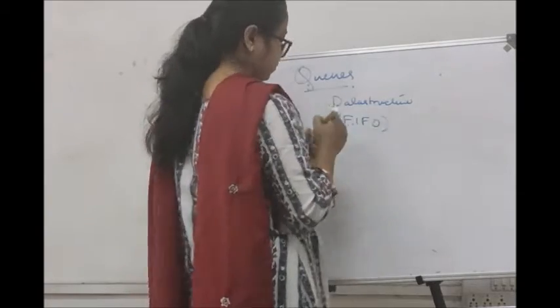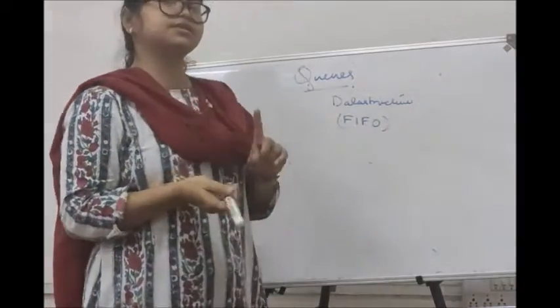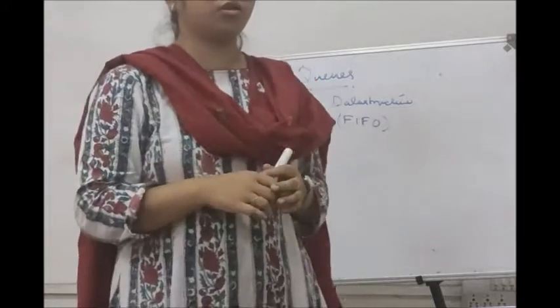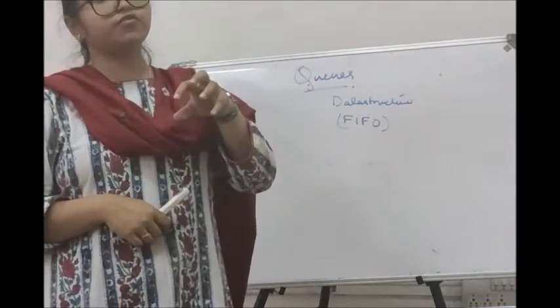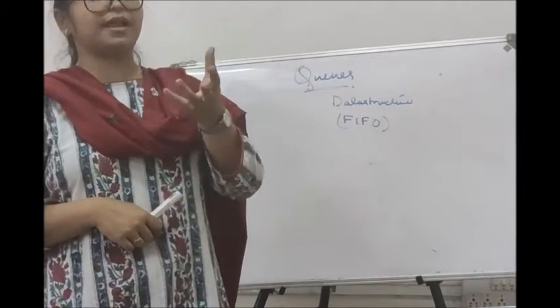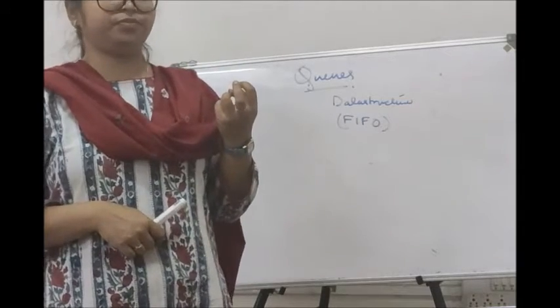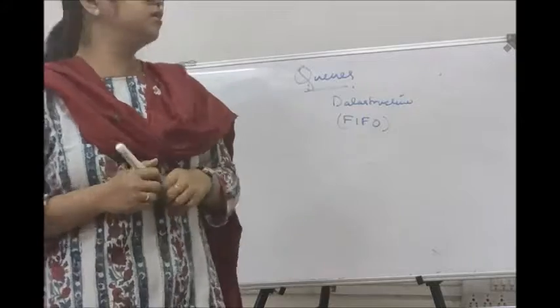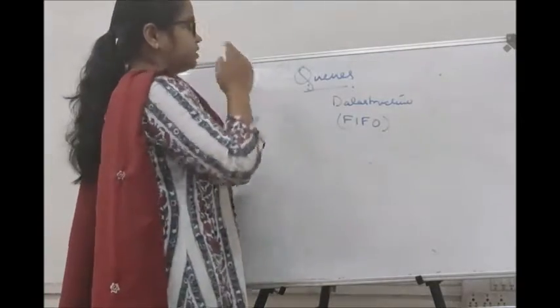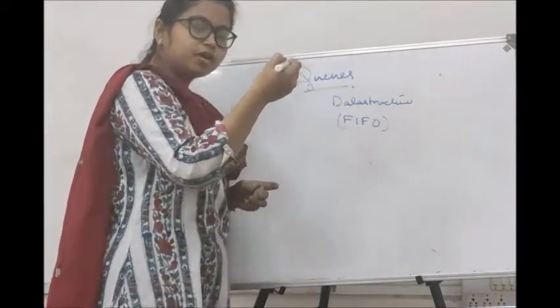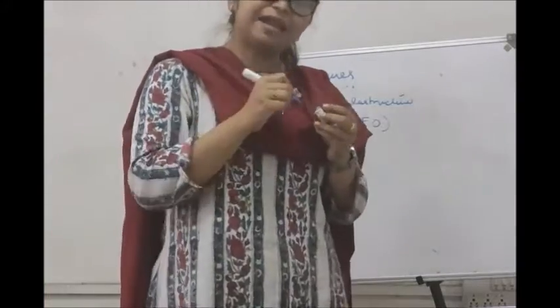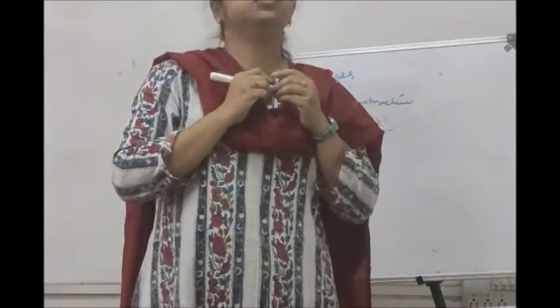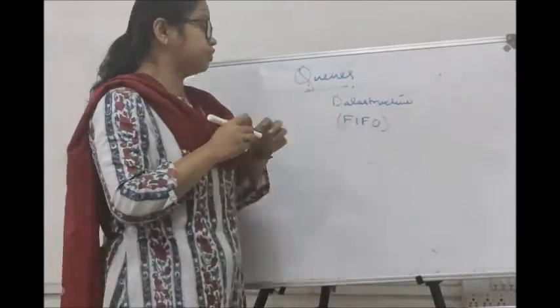FIFO means first in, first out. Unlike stack, which works in LIFO manner, last in, first out. Whatever element we pushed into the stack last, that only we can access first. Without accessing that, we cannot access the inner element. That was about stack. In queues, whoever comes first, that thing has to be accessed first only. First in, first out.